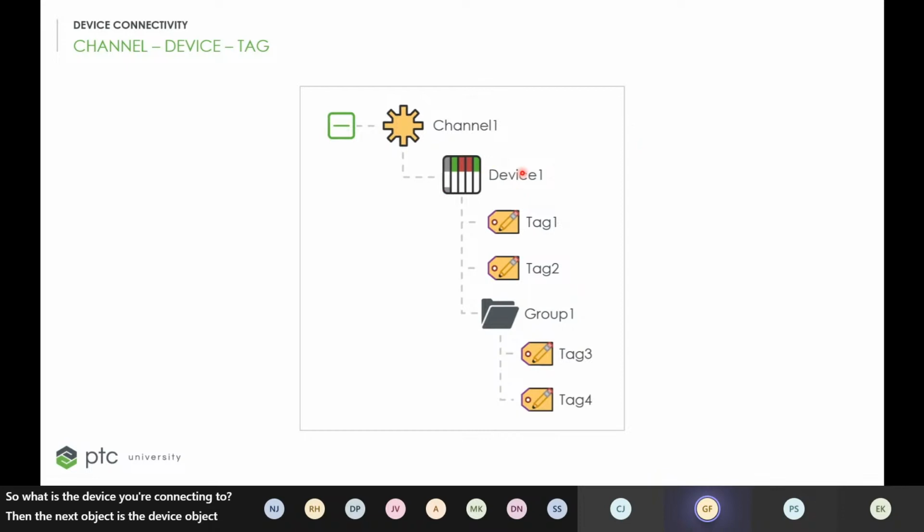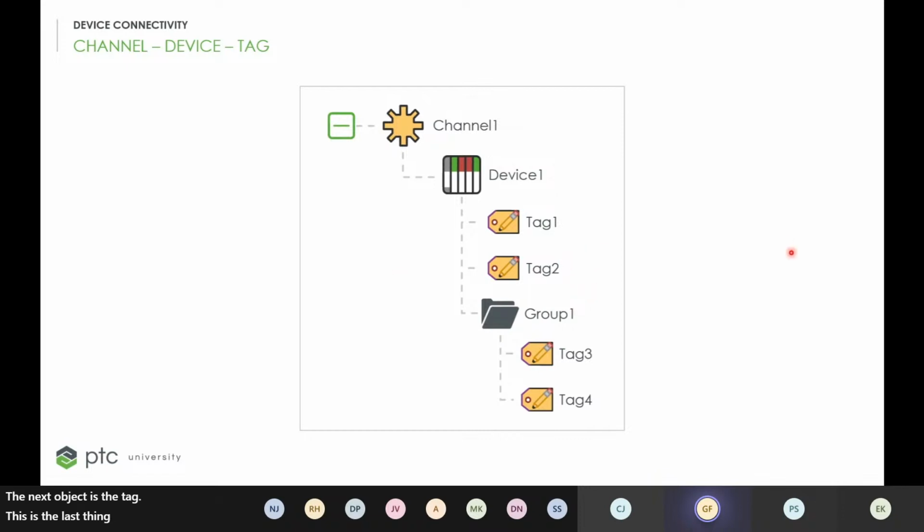This is where you indicate the actual IP address of the physical device, the location of the device where you're going to connect to. And there are also some other settings you set up there about the tags, like scan rate and such. The next object is the tag. This is the last thing.